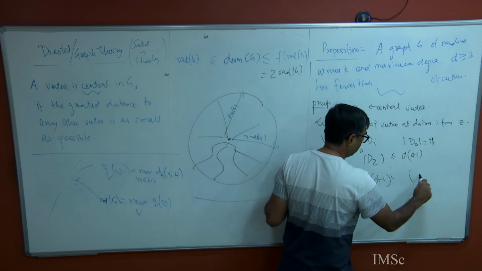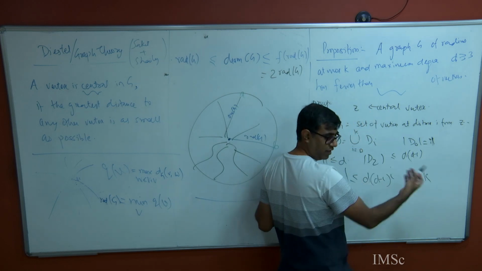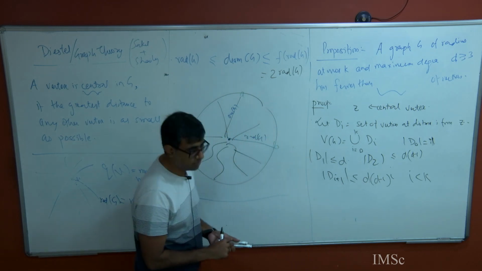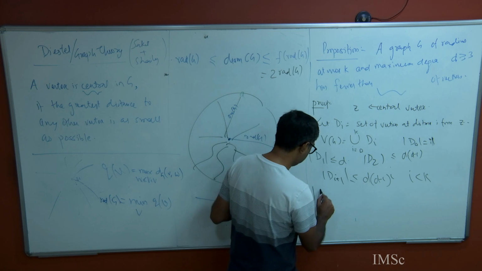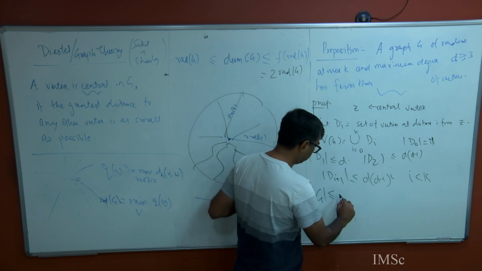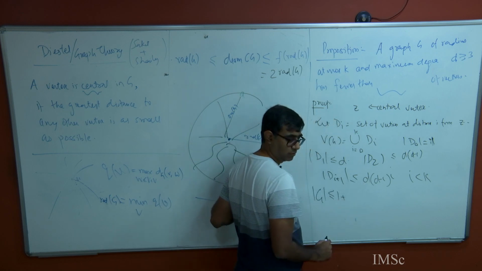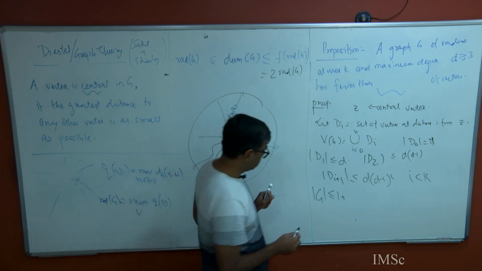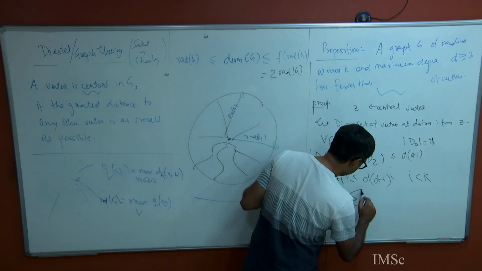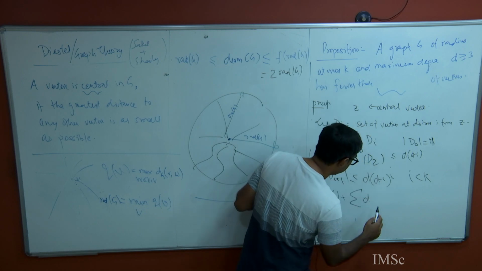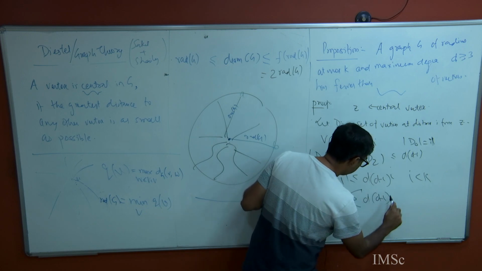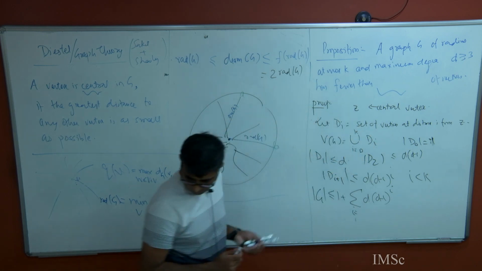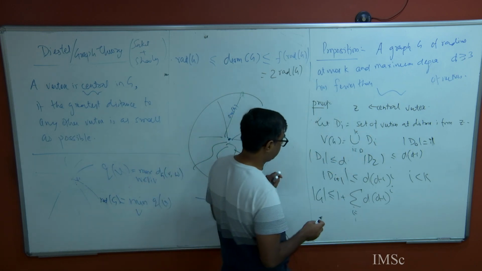Yes. So for i less than or equal to k, by induction hypothesis, we can assume this is what it is. Now what is the size of G? It is 1 plus d times the sum with i going from 0 to k.